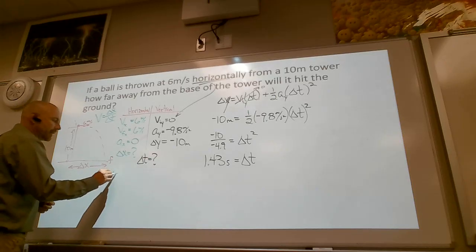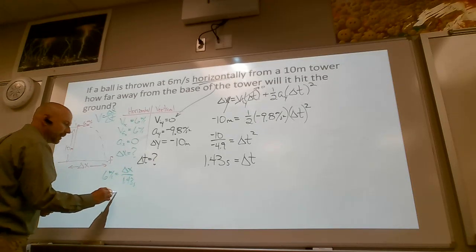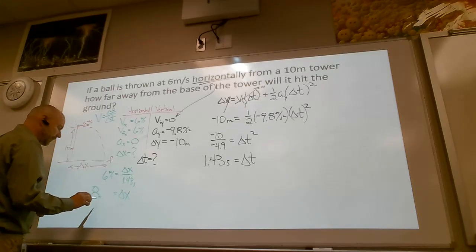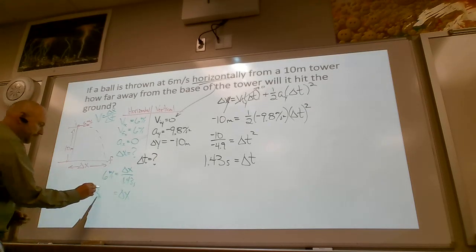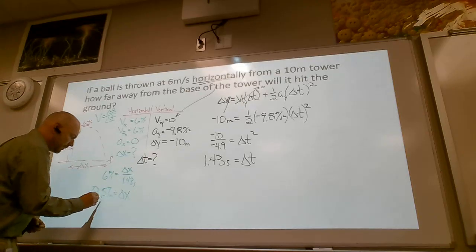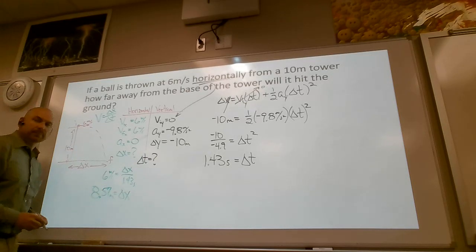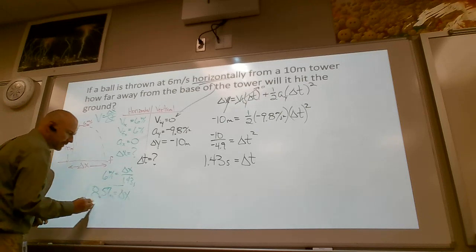6 meters per second is equal to delta x over 1.43 seconds. And when you put that in there, you find that to be 8 point something or other. 8.57 meters. Okay? Is that in the realm of possibilities? Yes. Sure. 10 meters, 8.5, yeah, sounds good.